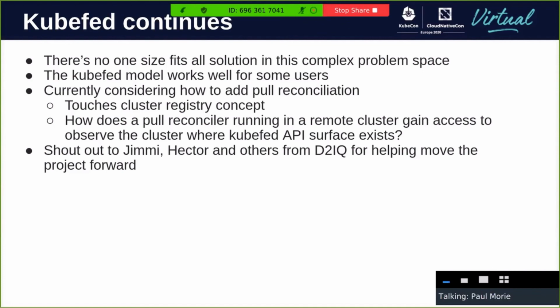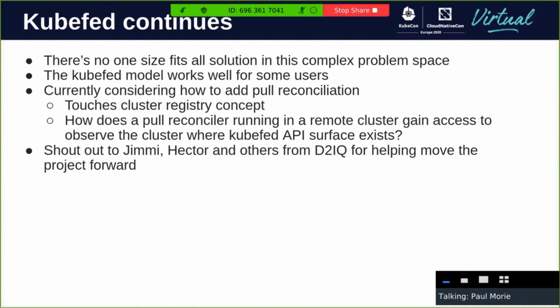One of the most interesting things that the Kubefed project is considering now is how to add pull reconciliation. The initial implementation of Kubefed v2 uses a push reconciler model, meaning that there's a controller running in the hosting cluster that is pushing via API calls resources to the remote clusters that are joined to it.